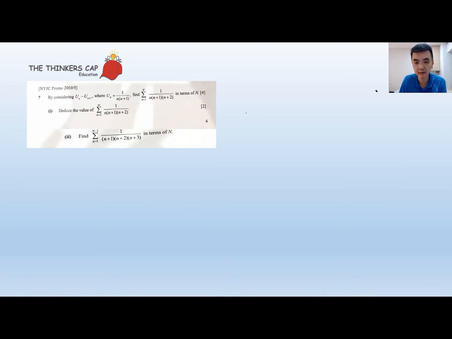So in this case, we have a series where I have the summation of n equals 1 all the way to the nth term, and the term formula is 1 over n(n+1)(n+2).